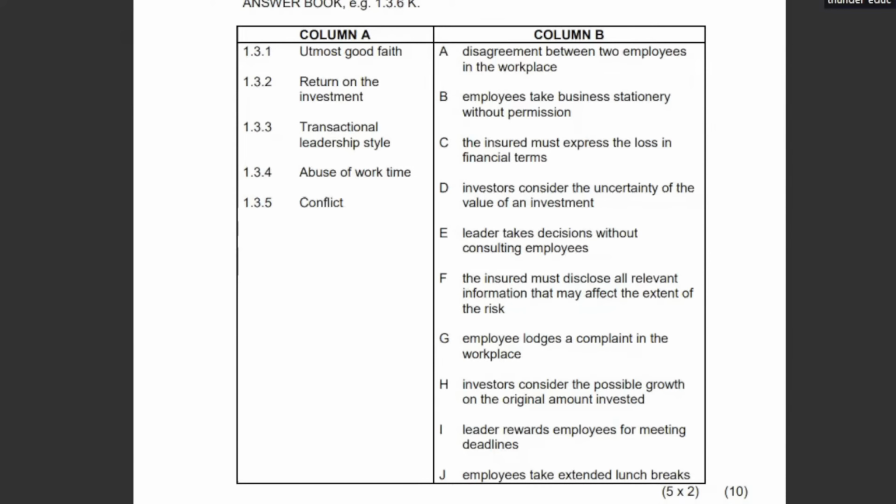Now we have the first concept, which is 1.3.1. In 1.3.1, we have utmost good faith, and then 1.3.2, we have the return on the investment, and 1.3.3, we have transactional leadership style, and then 1.3.4, we have the abuse of work time, and then 1.3.5, we have the conflict.